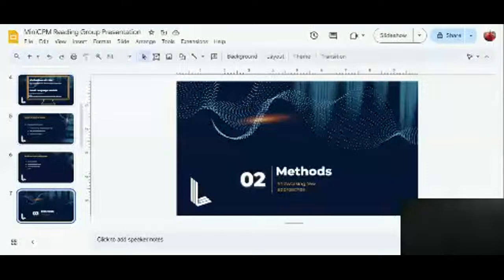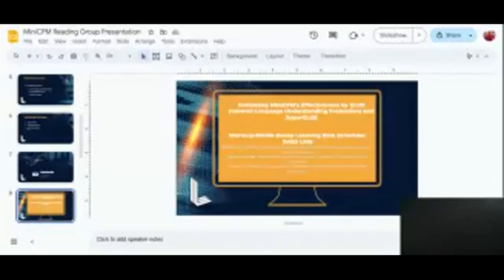Okay, discussing the methods used in this paper to assess how well the MiniCPM understands general language. The authors have used two benchmark sources. The first is GLUE, General Language Understanding Evaluation, and SuperGLUE.